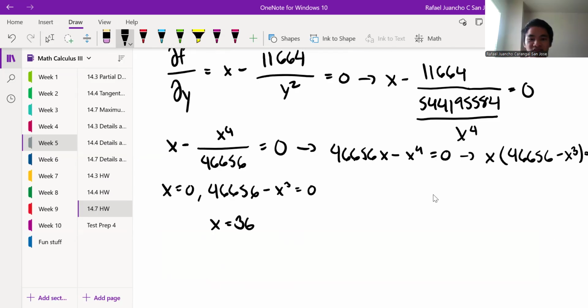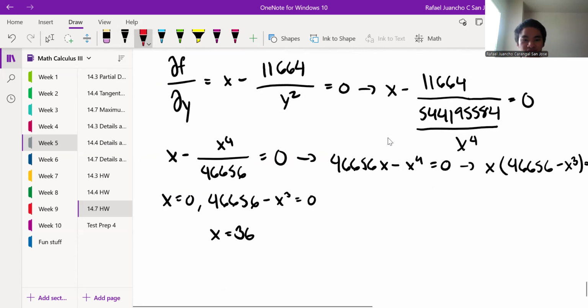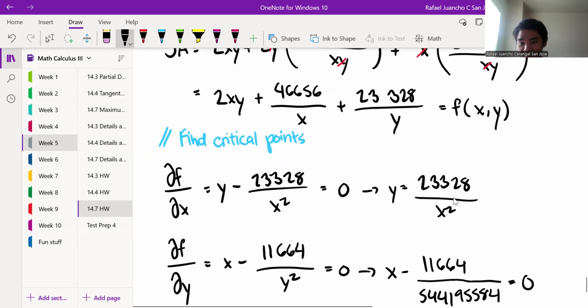Now, which one makes sense? If I plug in my 0 here, this is actually undefined, so I can't get y. This is not possible because it would make that equation undefined, so that's not a solution. This one's possible. So I'm going to plug in my 36 here.